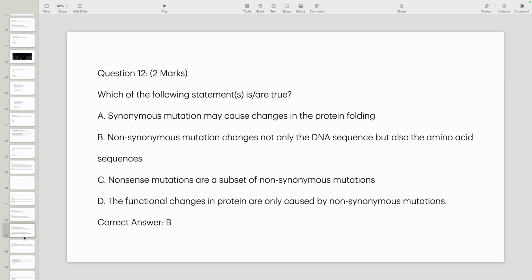So we will look into it. The correct option are B and C.